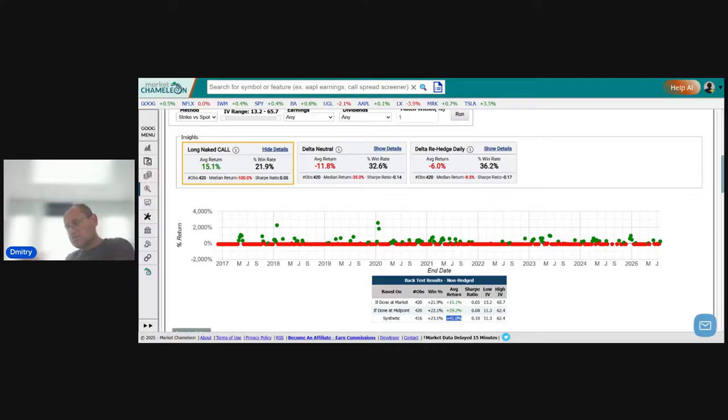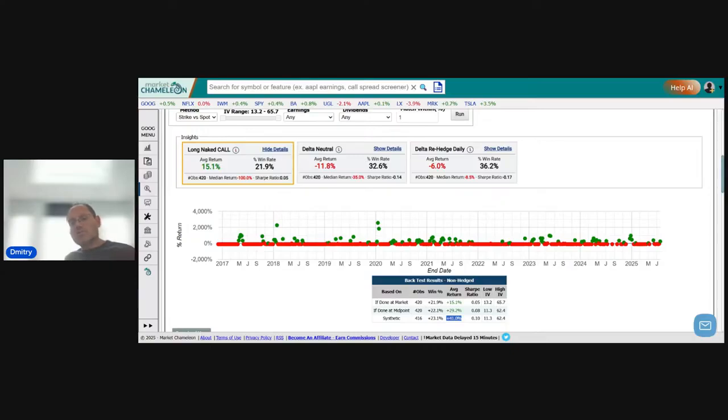This option has a delta, right? If you buy an option, it has a positive delta. Well, if you want to mitigate your directional risk, you offset that delta by hedging it with the stock. So you take the delta of the option, hedge that with the stock, and hold it delta neutral, so you started out with no delta.